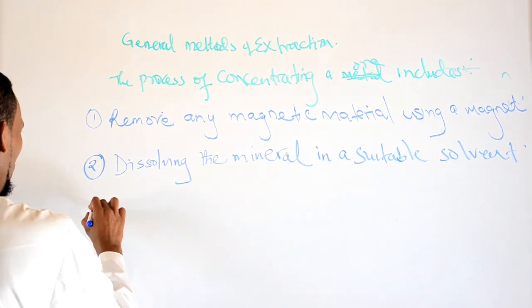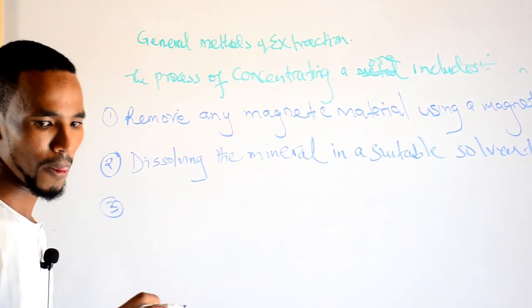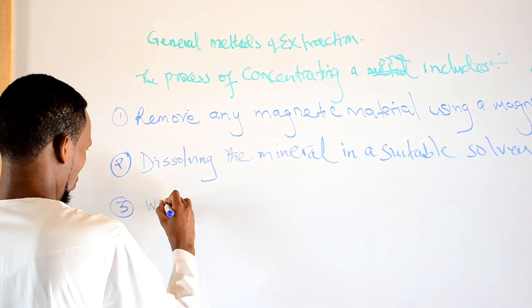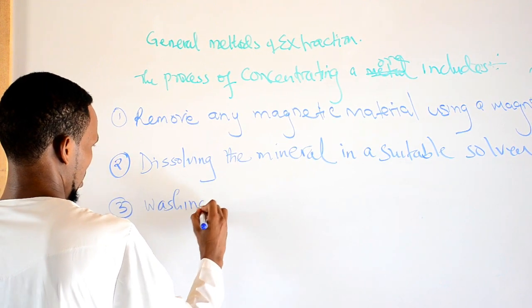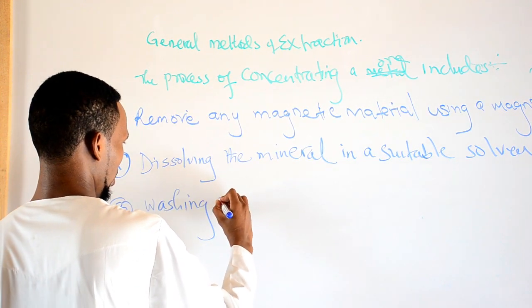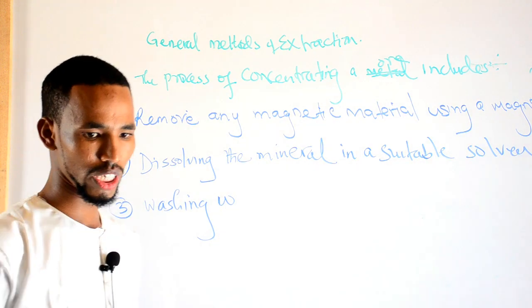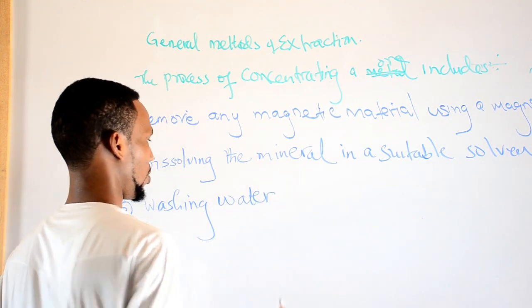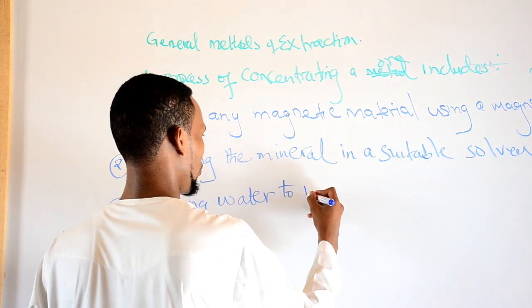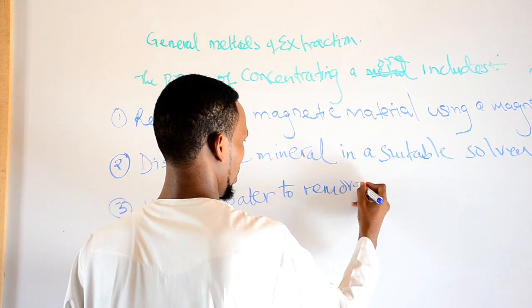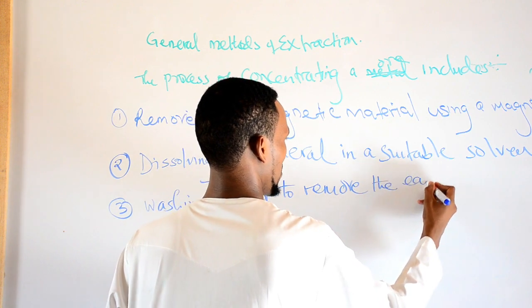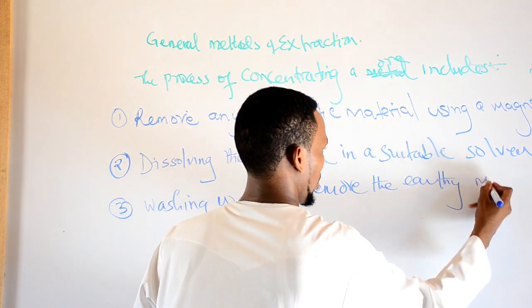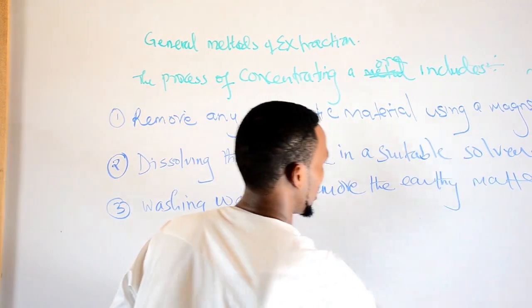Then number three, washing with water. You wash it with water to remove the earthy matter. You understand what earthy matter is here, right?